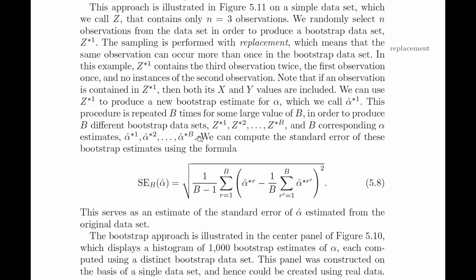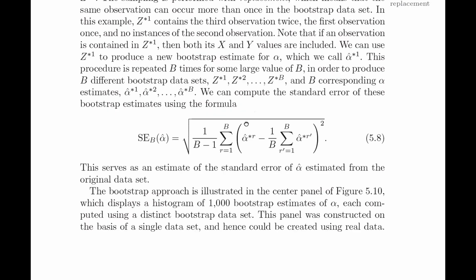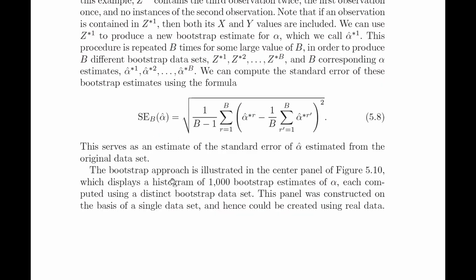We then compute the standard error of these bootstrap estimates using this formula. This serves as an estimate of the standard error of alpha hat estimated from the original data set.